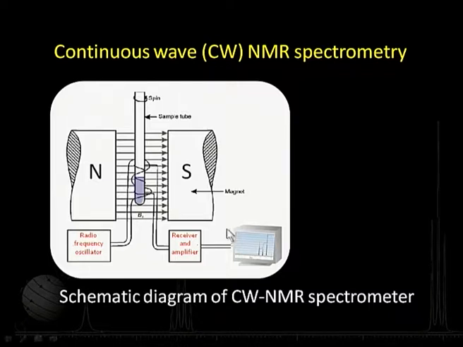Then we have two coils here: one is an input coil by which we give the radio frequency, and second is a receiver coil which picks up the signal. Then we have an amplifier, which gives an output signal. And then of course, we have a sample tube wherein we keep our sample in the form of a solution. So, that is as regards the spectrometer per se.